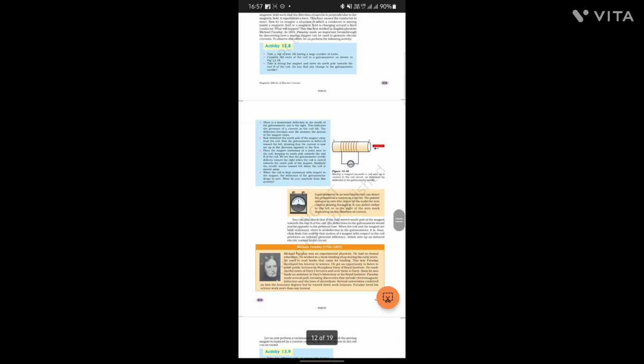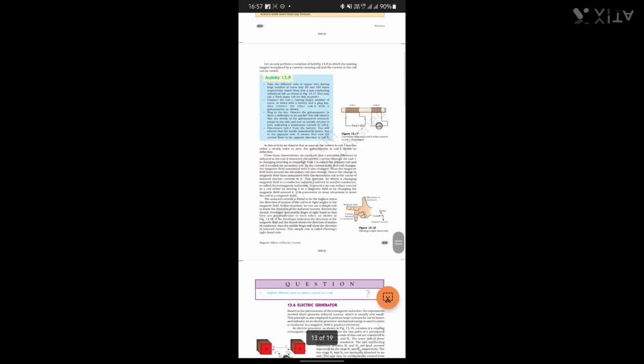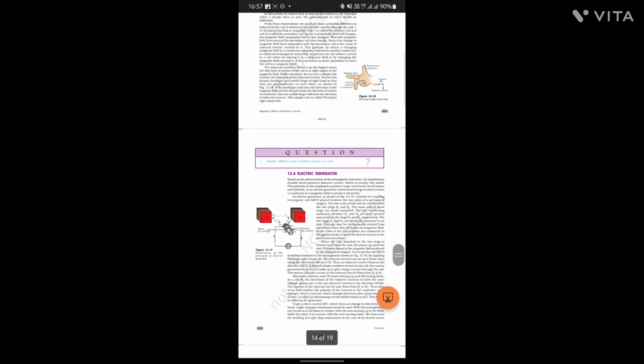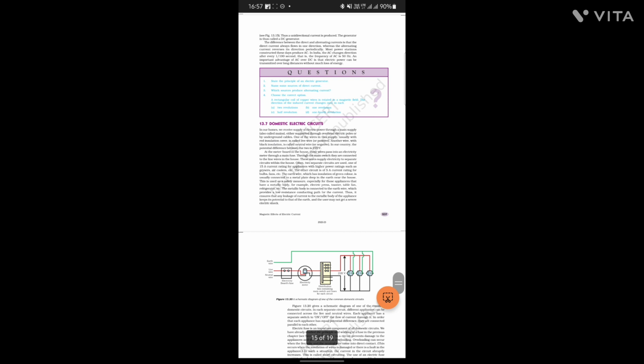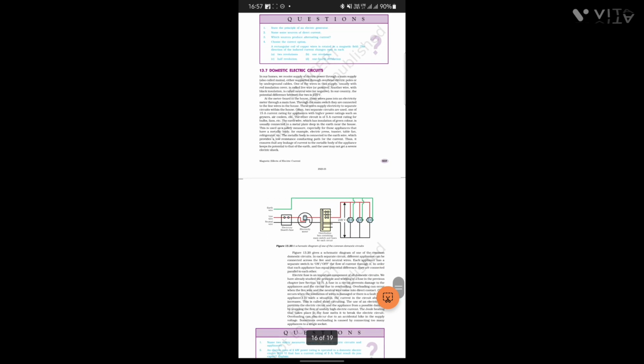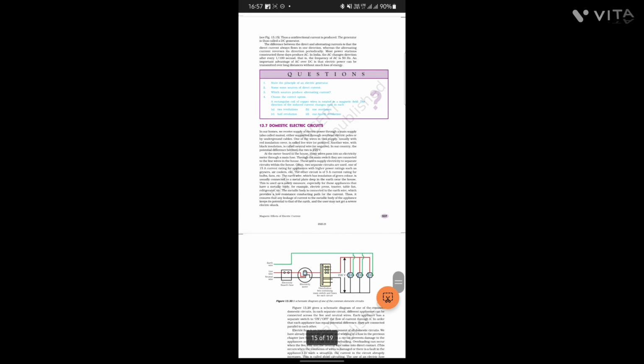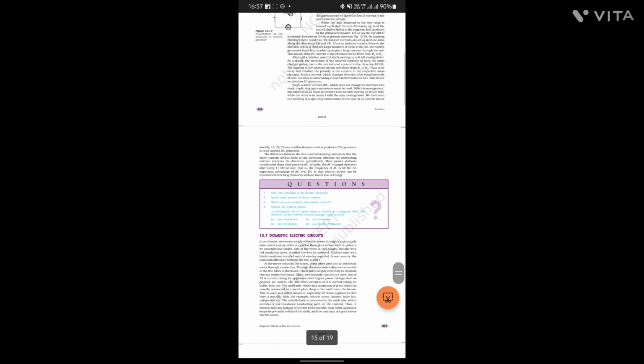Next, you will have the domestic electric circuit, but before that, from your exam perspective, alternating current and direct current are coming. You must know what is AC current, what is DC current, and what is the advantage of AC current over DC current.